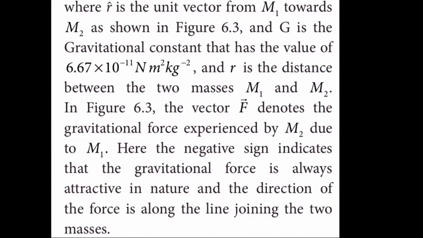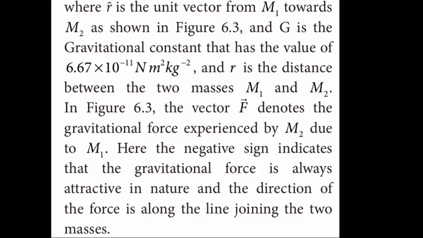If we have to find the universal gravitational constant value, suppose you know the masses of the two planets, that is M1 and M2, and also you know the distance between these two planets, easily we can calculate the universal gravitational constant.